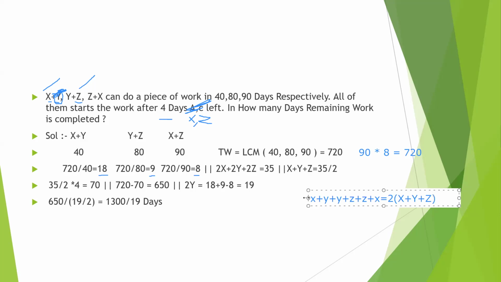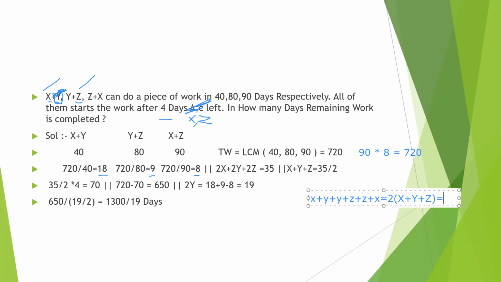Am I correct? Yes. Why? Because 2x are there, 2y are there, and 2z are there. x plus x equals 2x, y plus y equals 2y, z plus z equals 2z. So taking 2 as common, we get 2 into x plus y plus z.